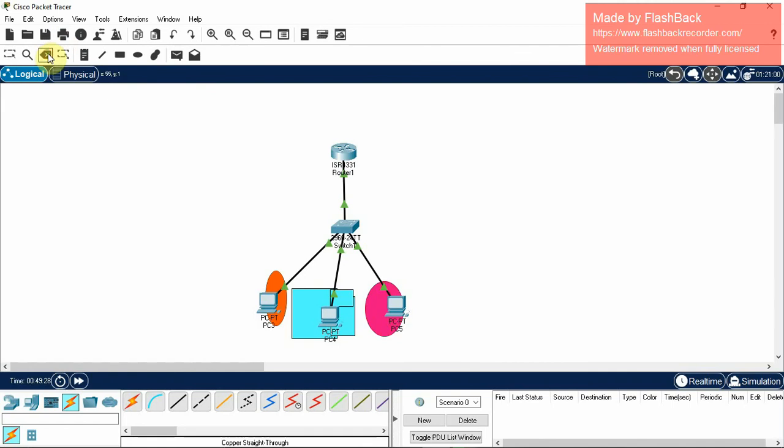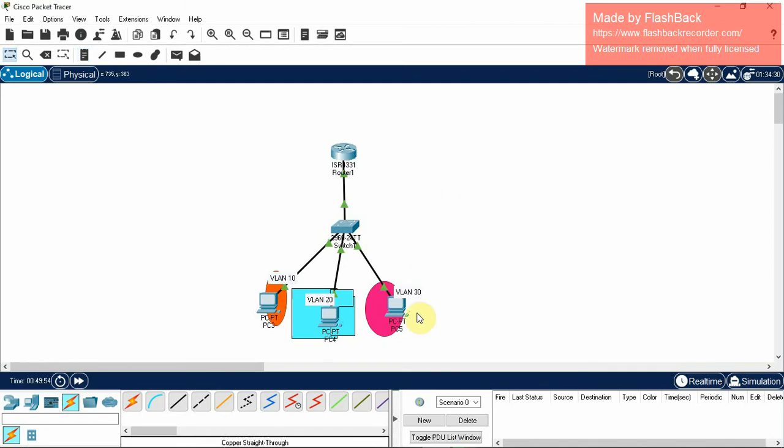So this one is VLAN 10, and then this one is VLAN 20, and the last one at the right is VLAN 30.